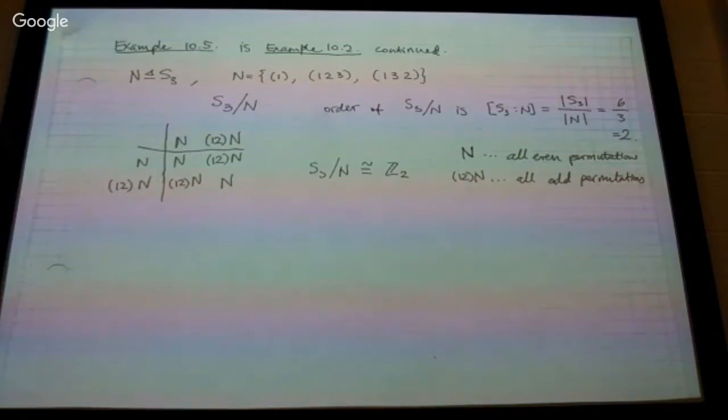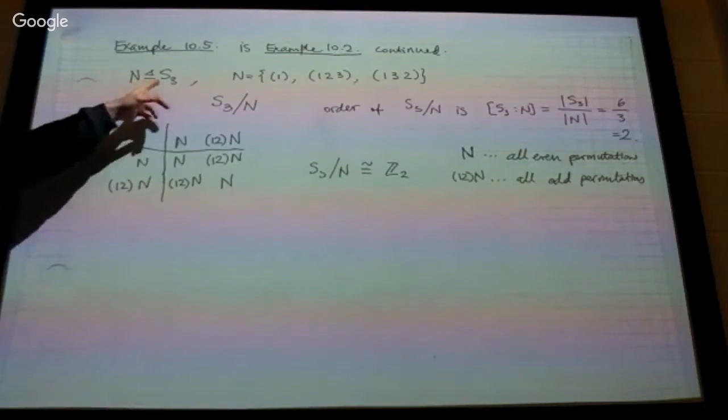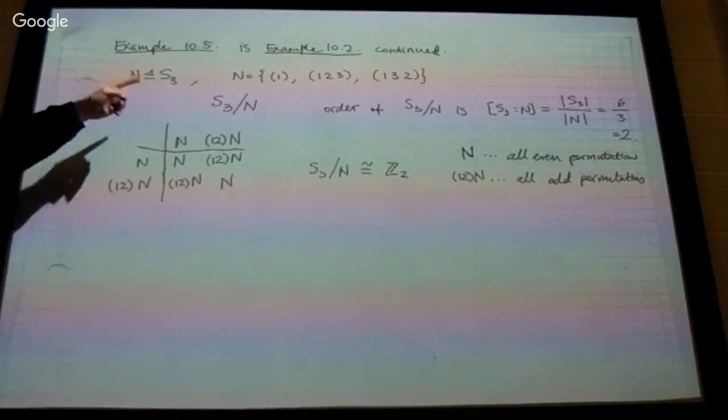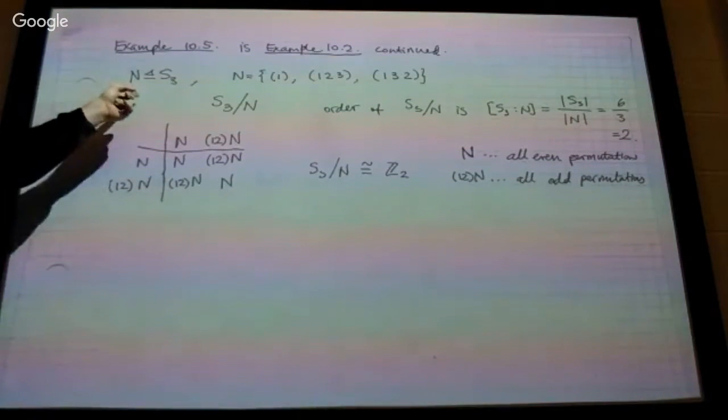So, kind of simplified, this is what it means. In fact, you could do this with the higher symmetric groups. You take the alternating group as its subgroup.